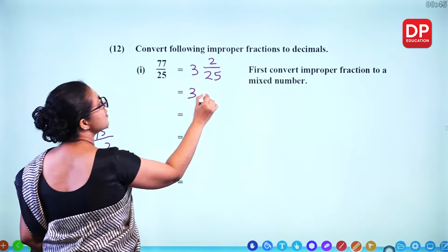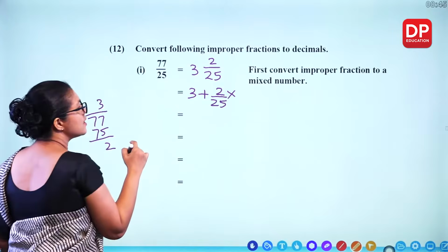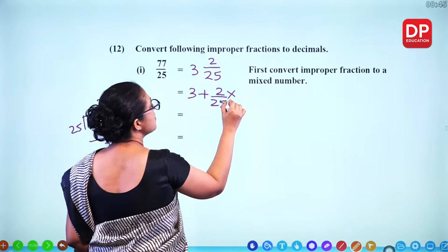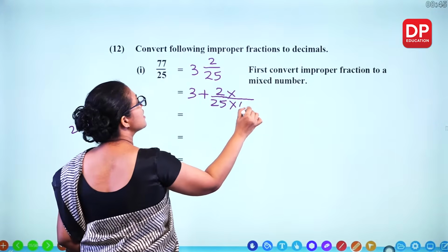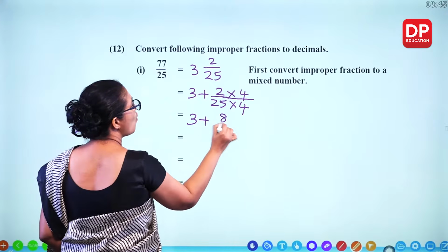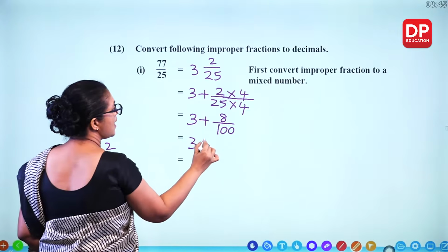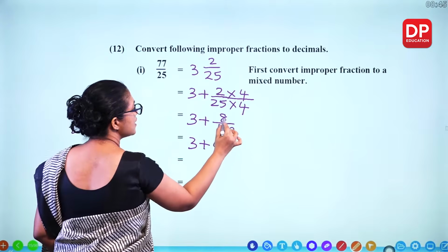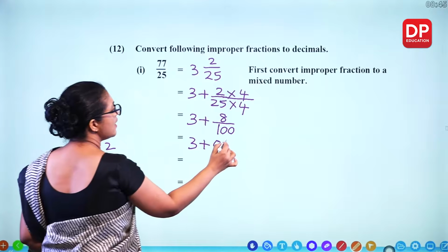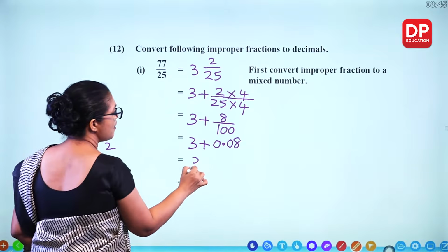Now you can write 3 plus 2 over 25. Convert to a multiple of 10. You can multiply by 4. 3 plus 8 over 100. 3 plus 0.08, here 2 places to the left. What's the answer? You get 3.08.